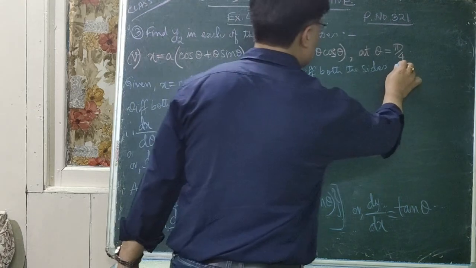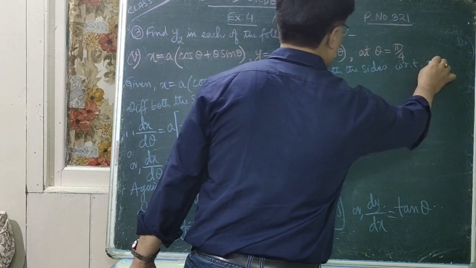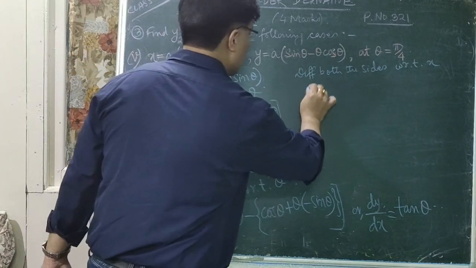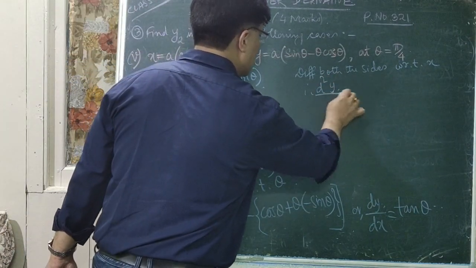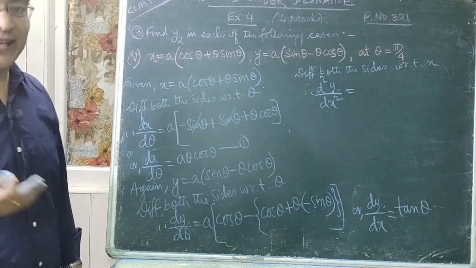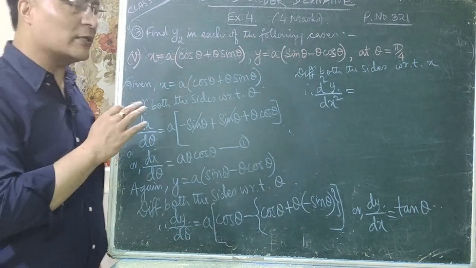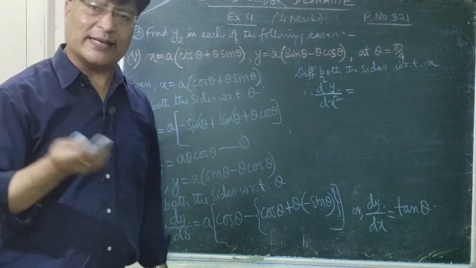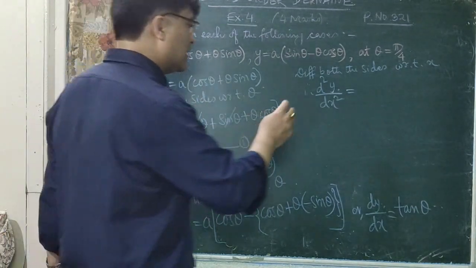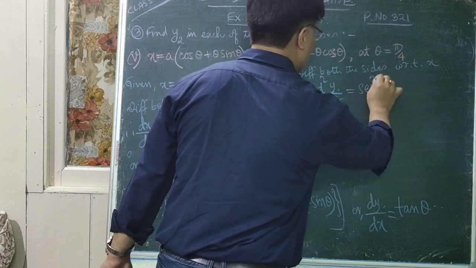Differentiating both the sides with respect to x. Therefore d2y by dx square. Now this tan theta, you should take it as tan x first. Which function is taken as x? Theta is taken as x. So tan x for differentiation gives sec square x, but here it is sec square theta.